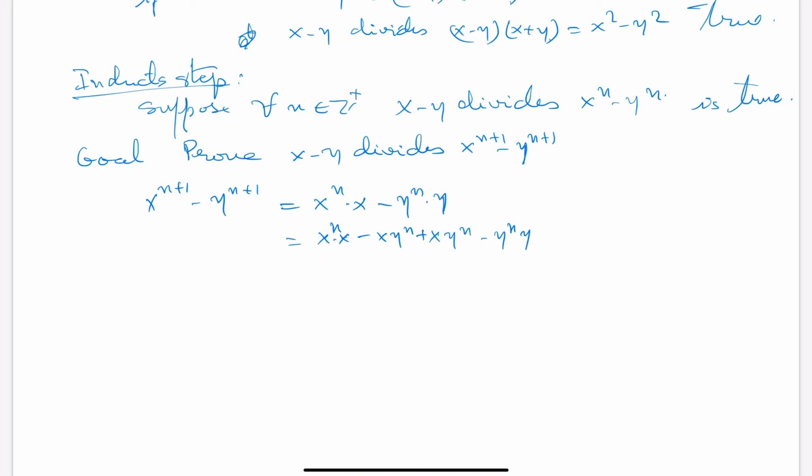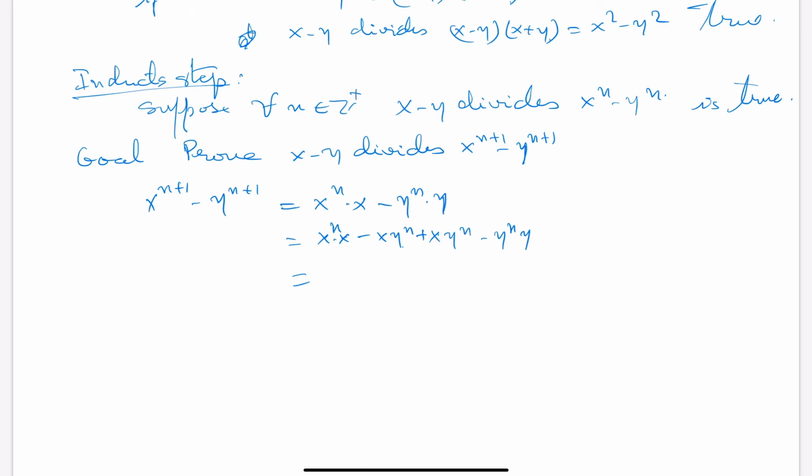Okay, now let's go. So here I can factor, I can use this one and use this one. Let me check if this one will work. Yes, this one will work. Okay, let's factorize here by x, and let me factorize here also by y to the n.